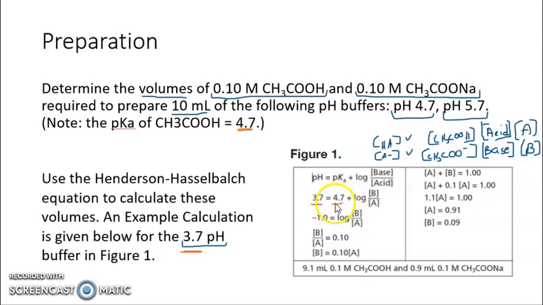Now, we can simplify this by adding negative 4.7 to both sides of the equation. So if we add negative 4.7 here, this becomes 0, drops out. If we add negative 4.7 here, that simplifies to minus 1.